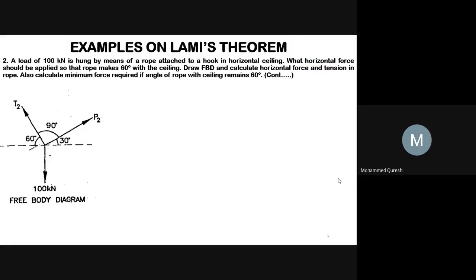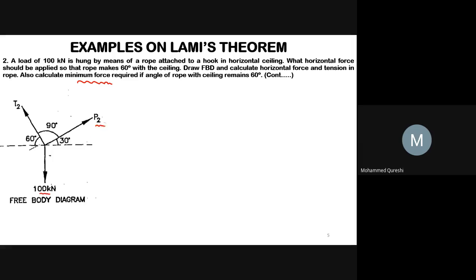Now we will go for the second concept, that is we have to calculate the minimum force required if the angle of the rope with the ceiling remains 60 degree. So this is our free body diagram for the general figure, 100 kilonewton.